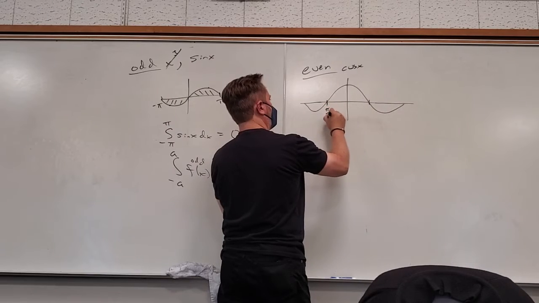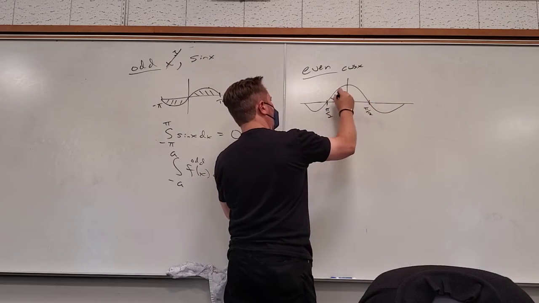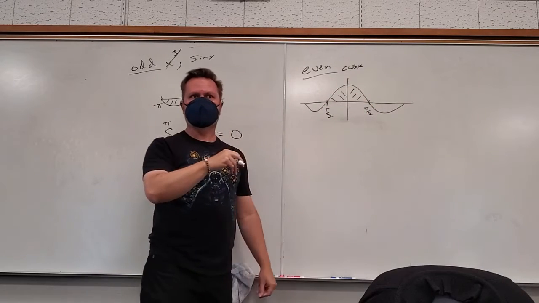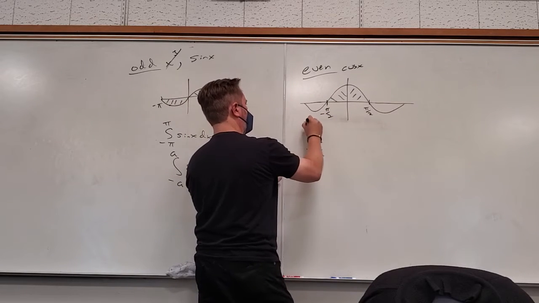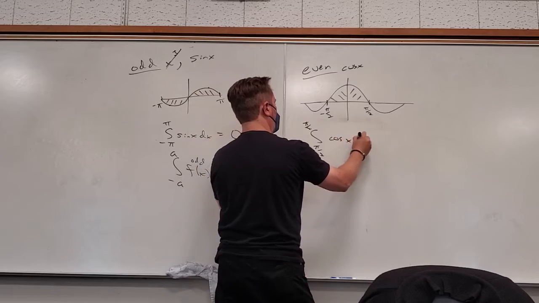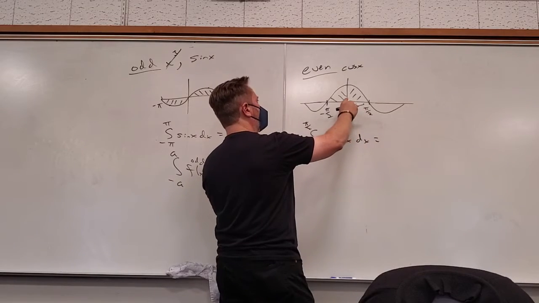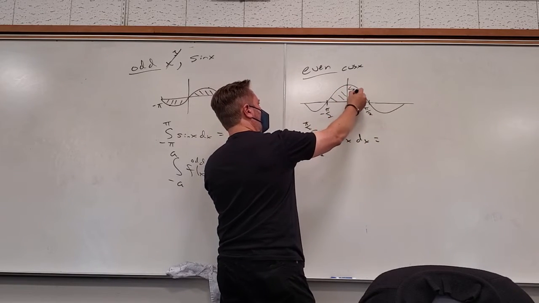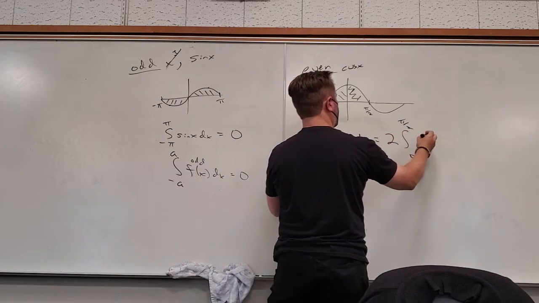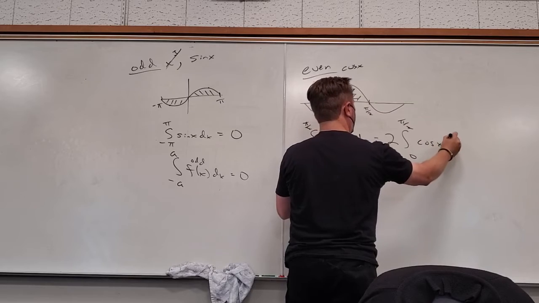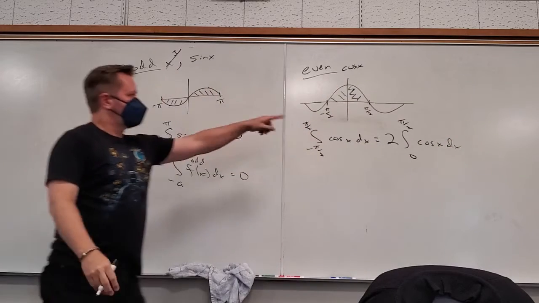Good. Obviously this doesn't cancel, correct? But the integral from negative pi over 2 to pi over 2 of cosine is equal to, can't I just find this integral and do what to it? Multiply by 2. Multiply by 2. So you can see how they're related.